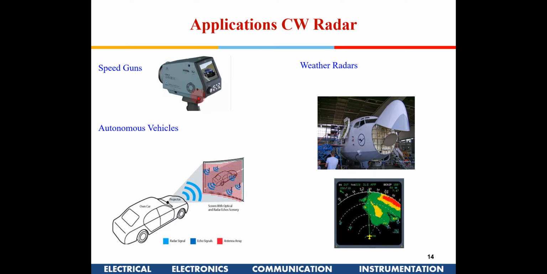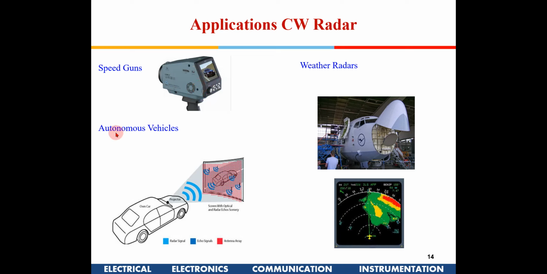There are other applications of CW radars also, like speed guns. These days you have traffic cops standing in places trying to find out if people are overspeeding, so there we are essentially trying to find out the velocity.